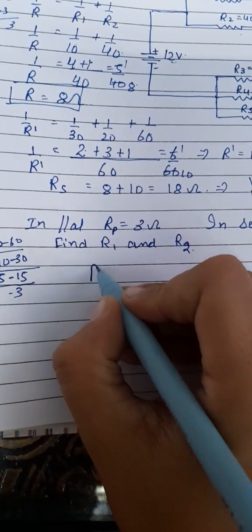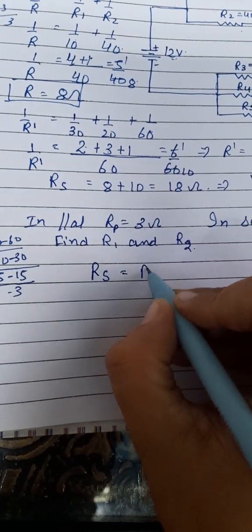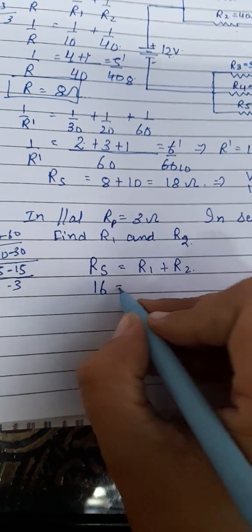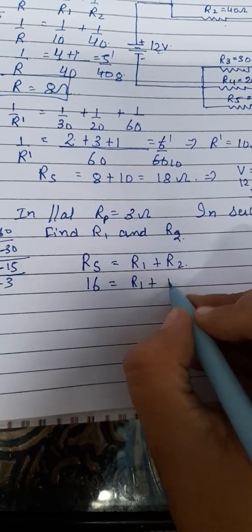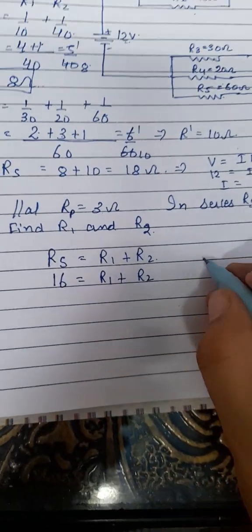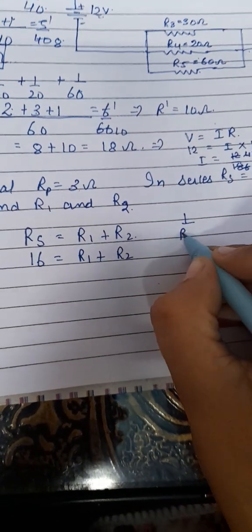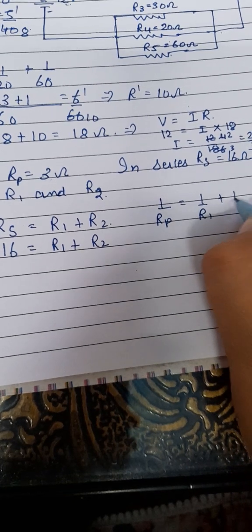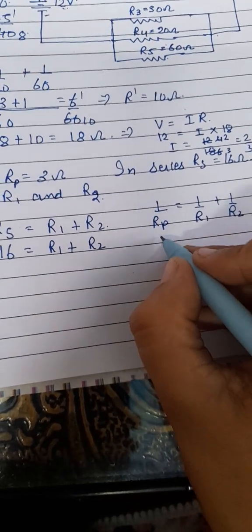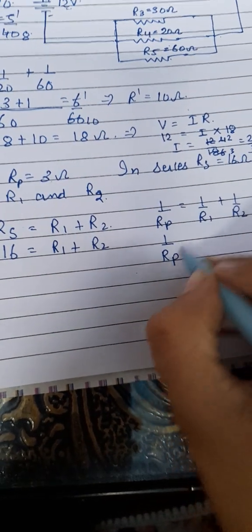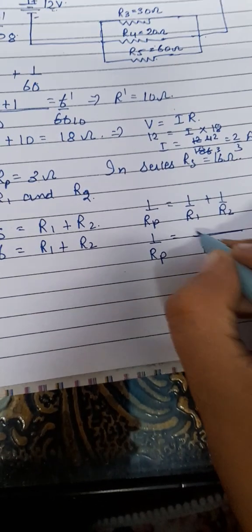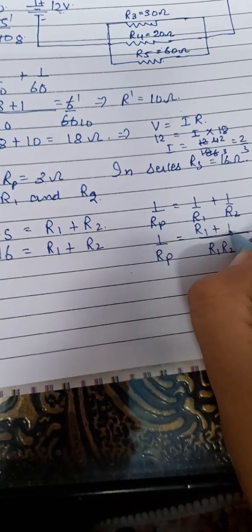First, if you add in series, that is R1 plus R2. Series is 16, that is equal to R1 plus R2. Now if you add in parallel, 1 by Rp equals 1 by R1 plus 1 by R2. Now take the LCM. 1 by Rp equals, the LCM is R1 R2, and the numerator becomes R1 plus R2.